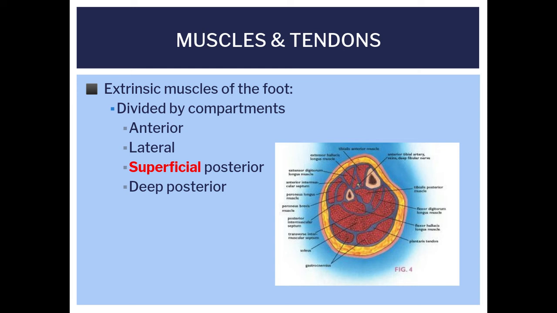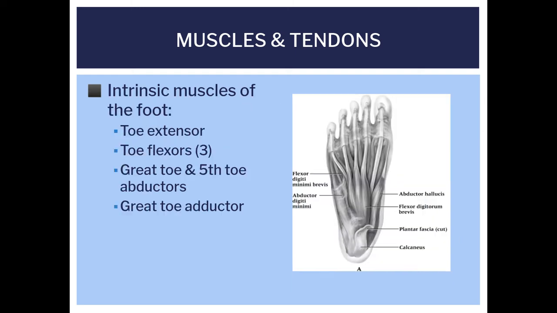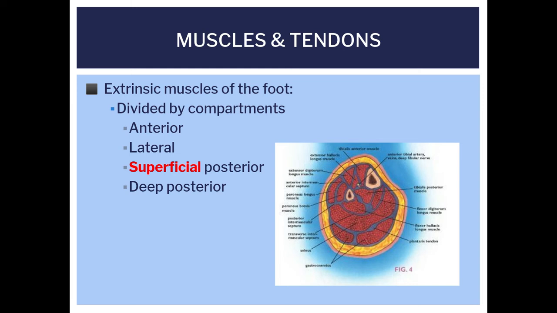You also have muscles that help to innervate your lower leg. So these are the larger muscles. If we go back to this one, intrinsic, these are going to be the smaller muscles. Extrinsic are going to be the bigger ones. And so how the lower leg and foot is divided for your extrinsic muscles is through compartments.